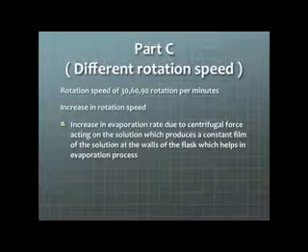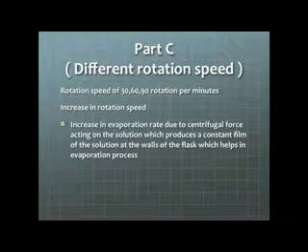And finally, for Part C, for different rotation speed, we measure speeds at 30, 60 and 90 rotations per minute. As we increase the rotational speed, the evaporation rate in this particular part increases, unlike the two other parts which decrease, because at higher rotation, the centrifugal force is stronger.